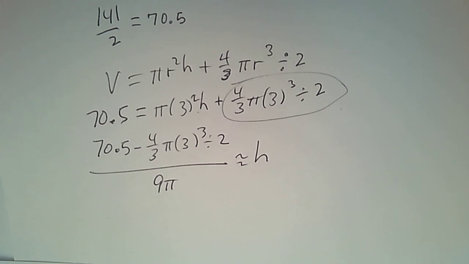I'm going to go 70.5 subtract. I'm going to have another fraction, 4/3. Move the cursor. Pi, 3 cubed, divided by 2.